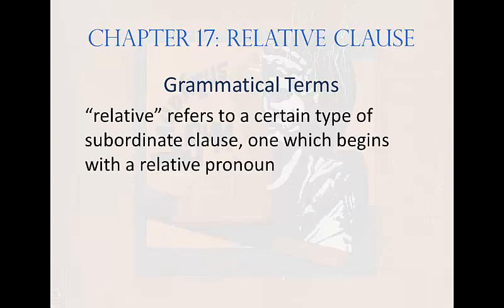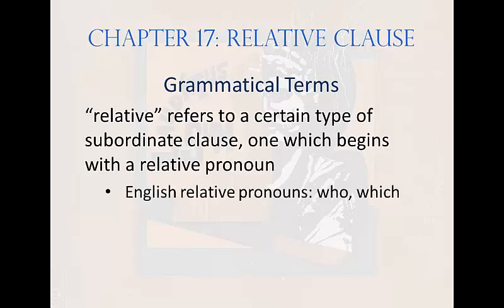The term relative, the term used for the type of clause we're studying in this chapter, refers to a certain sort of subordinate clause, one which begins with what grammarians call a relative pronoun. English has a number of relative pronouns, primarily who and which.